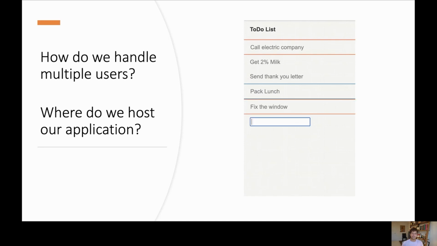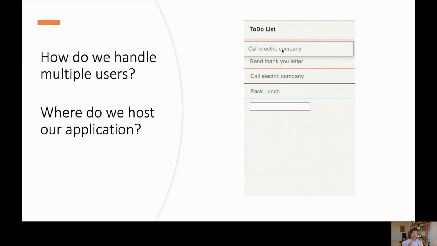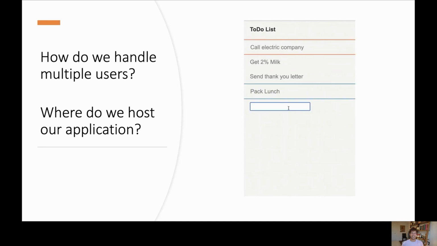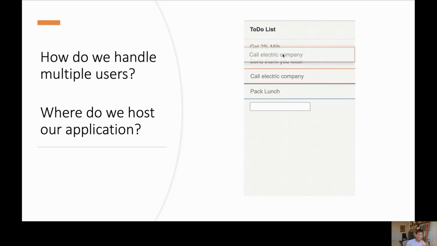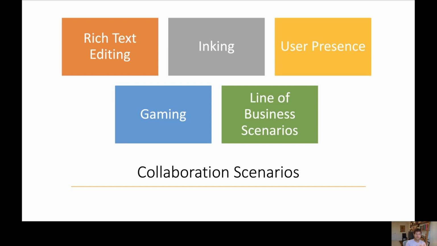And at the same time, I might be asking, am I gonna have to reintroduce this to-do list app into an existing user experience? Am I gonna have to host a new website for each to-do list app like thing I'm making? These don't seem like perfect answers to me as a developer. So the same question comes up for all sorts of scenarios: rich text editing, inking, user presence, gaming, whatever you're working on. We're trying to figure out how do we simplify the collaborative story and the portability story.